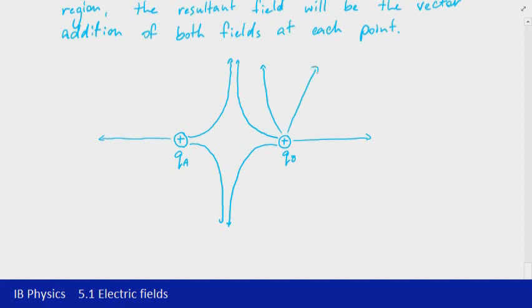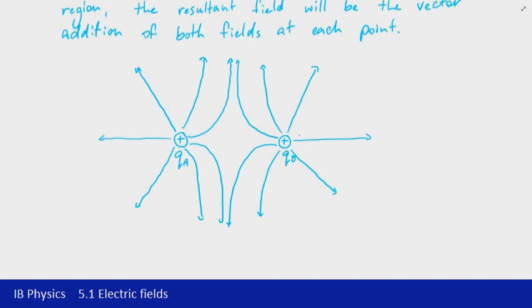So you can see that the field lines are a little bit more of a curved nature in this middle region, and then towards the outside it starts to resemble the normal sort of shape because the effect of the other charge is much weaker.